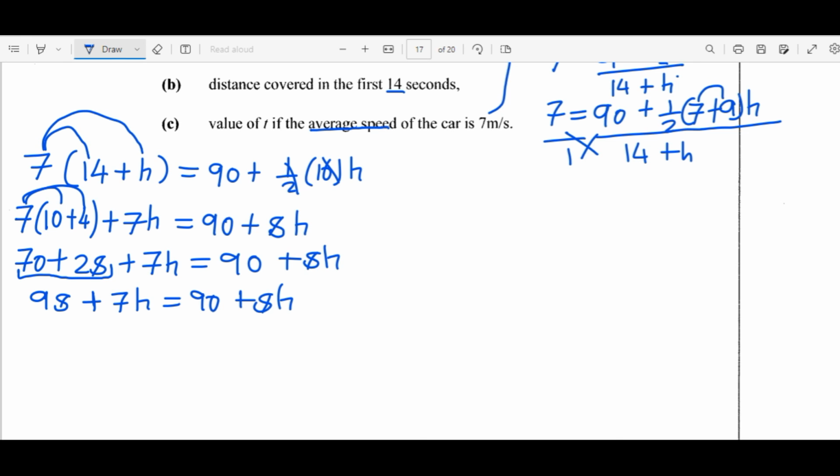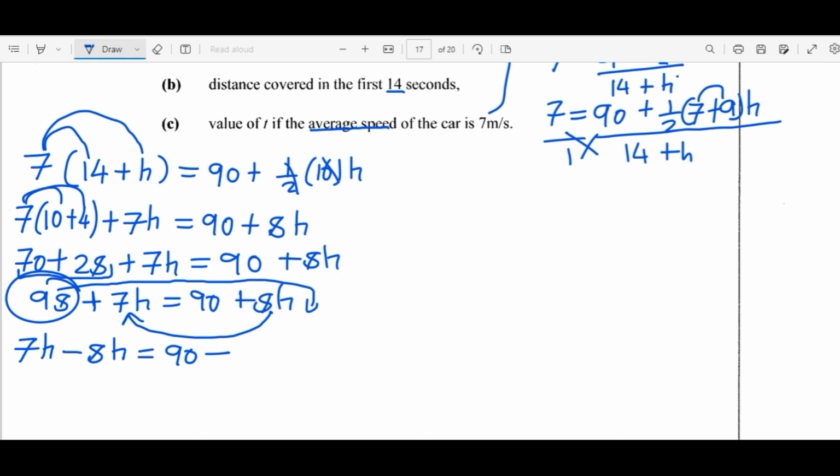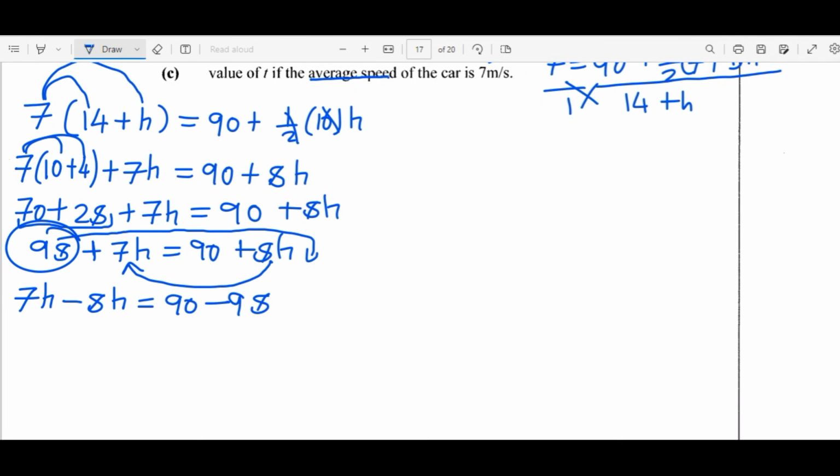So I'm going to collect the like terms. 98 will shift to this side, then 8h will shift to this side. So I'm going to have 7h minus 8h is equal to 90 minus 98. So here we are going to have negative h, and here negative 8.